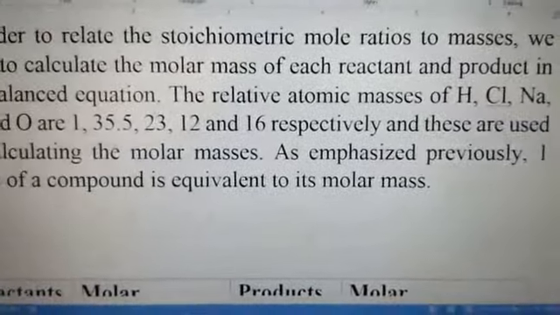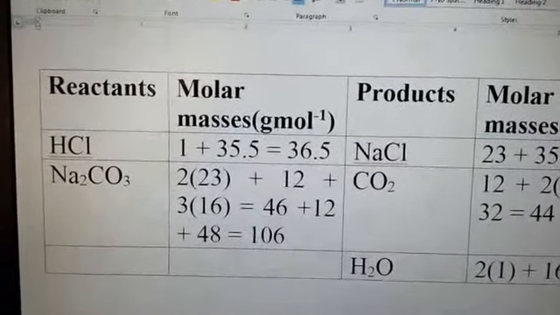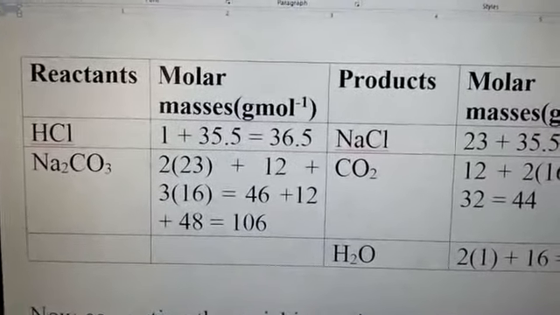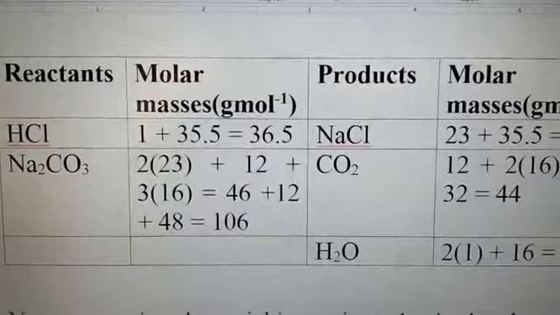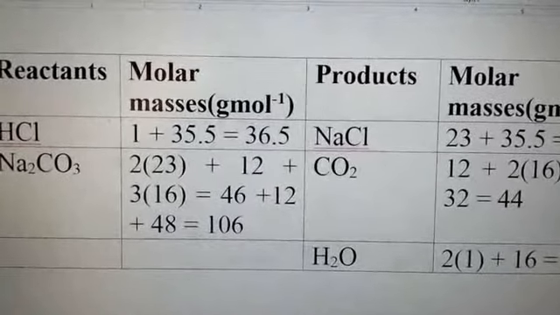So when I look at how to find the molar masses of the compounds, we look at the column for reactants. Reactants here are from the balanced equation: HCl and sodium carbonate. To find the molar mass of HCl, we say 1 plus 35.5. That gives us 36.5 grams per mole.